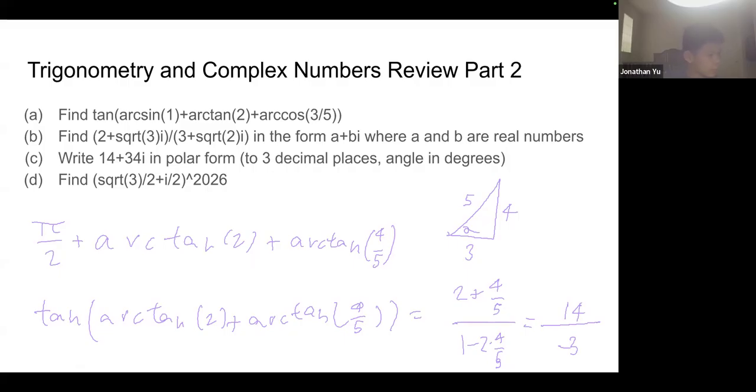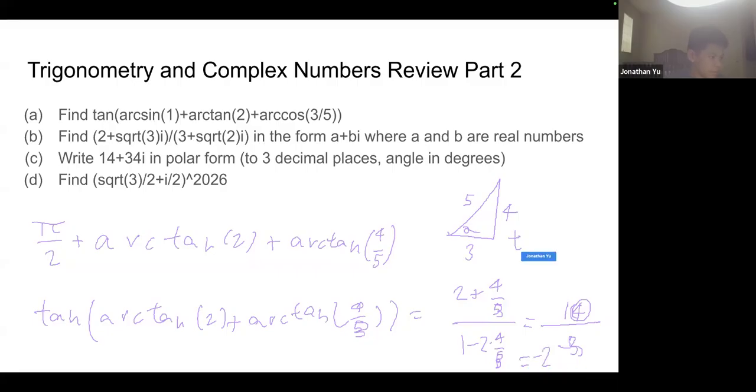Oh wait, no, this is 4/3, sorry. So tan of this is 10 over -5, which equals -2.